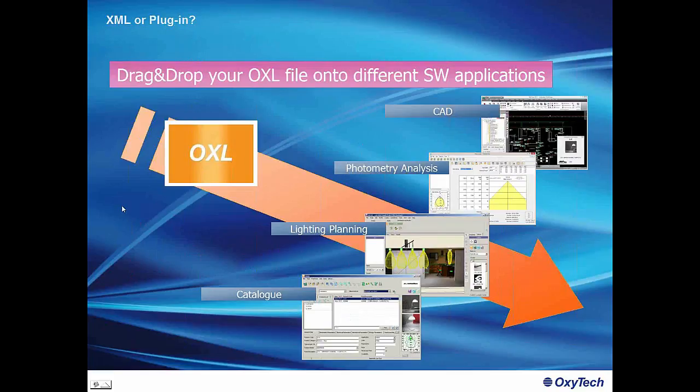So, in this case, we are showing that the OXL file can be used through different applications. For example, to supply information to electronic catalogs, to use the information for lighting design or lighting planning, to use the information for photometry analysis, or to use the same information or other information, depending on the application, in a CAD system.